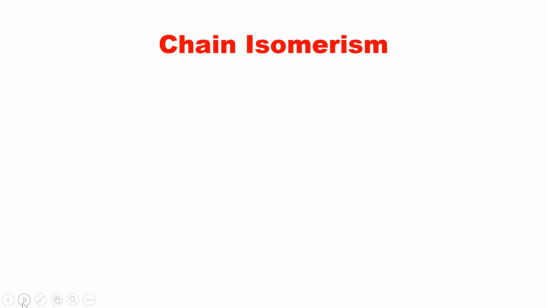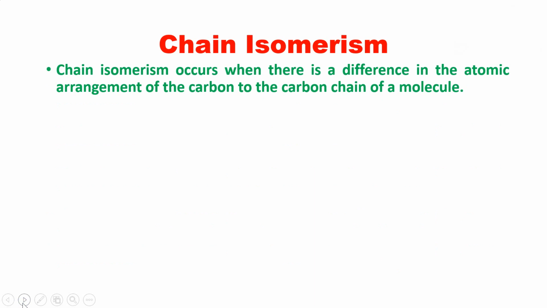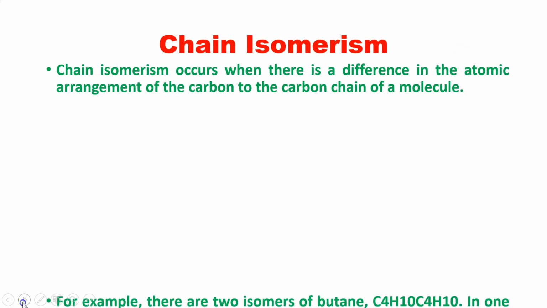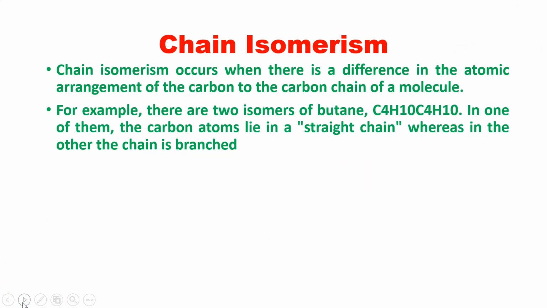First class is chain isomerism. Chain isomers means there is a difference in the chain of carbon to carbon. Say for example, we have just taken n-butane and isobutane. Again I will draw the structures of n-butane and isobutane.